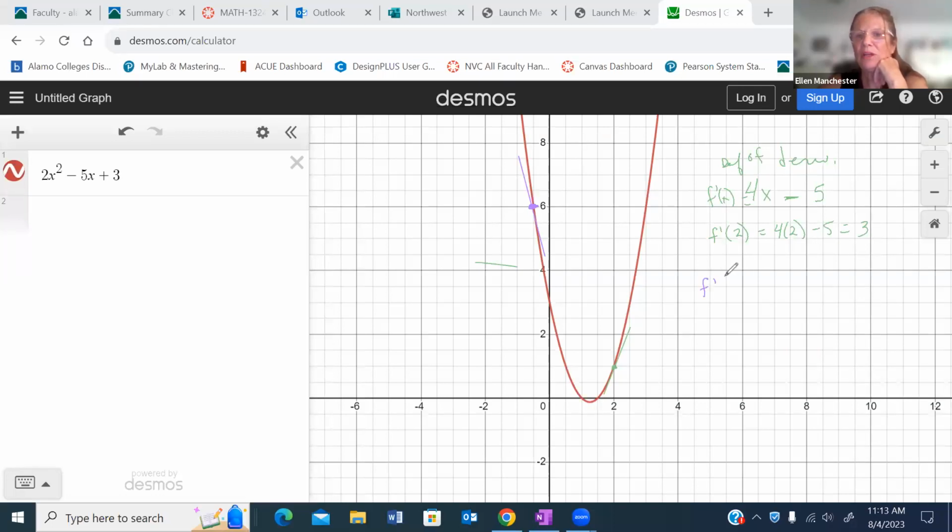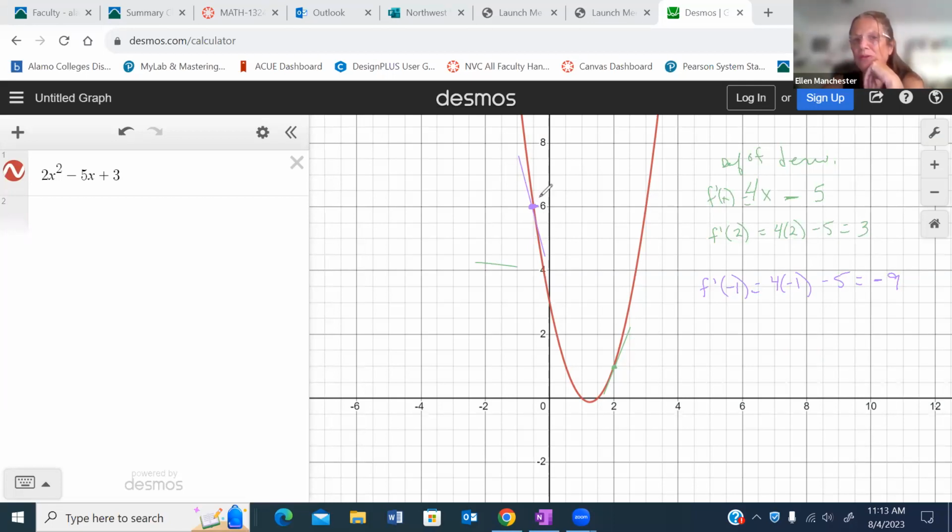So my derivative at -1, let's see if it works. 4 times -1 minus 5. So -4 minus 5 is a -9. Well, this slope is very steep compared to this one. Right? The green one isn't quite as steep as the purple one. So the purple one is a negative slope.